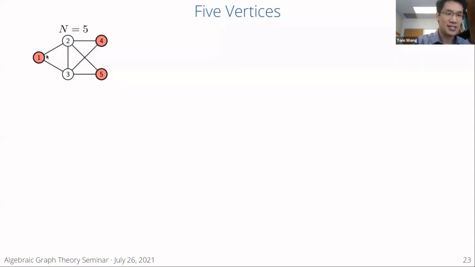Then 1 is adjacent to both of those, 4 is adjacent to both of those, and 5 is adjacent to both of those as well. So 1, 4, and 5 all have the same structure in how they're connected to 2 and 3. So you can prove that if vertex 1 works, then the other ones work. And it looks like the math term is that they are co-spectral.